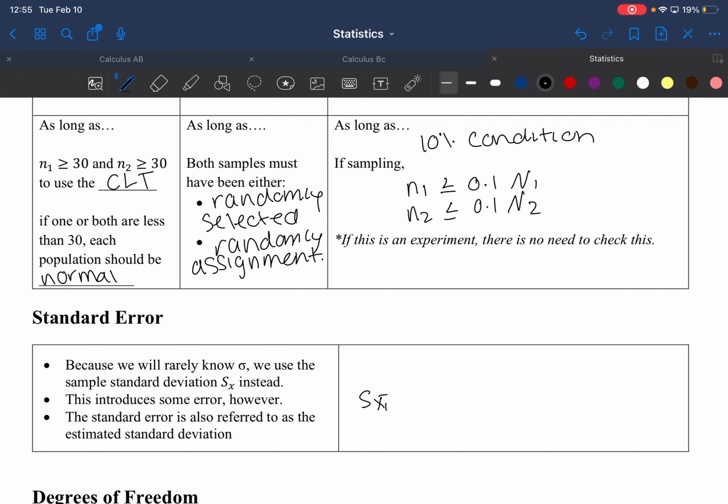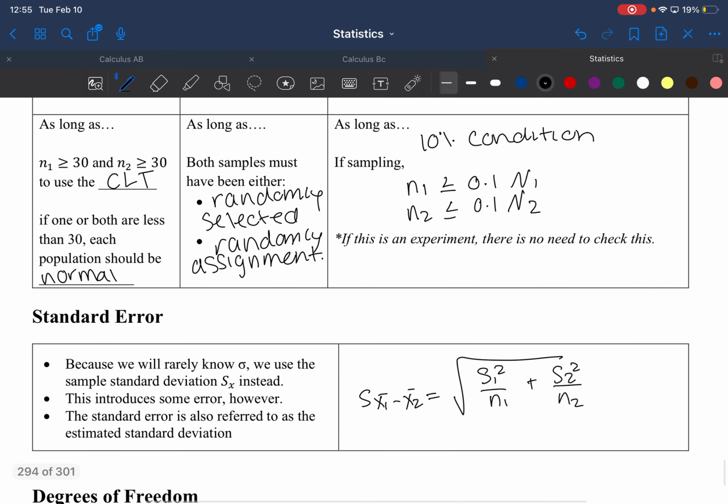S of x1 bar minus x2 bar is equal to the square root of s1 squared divided by n1 plus s2 squared divided by n2. Okay, notice it's the exact same equation, but instead of sigma, we use S.